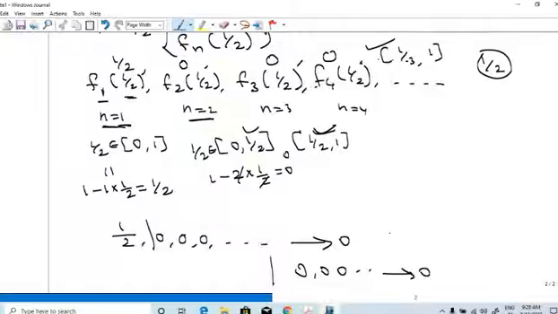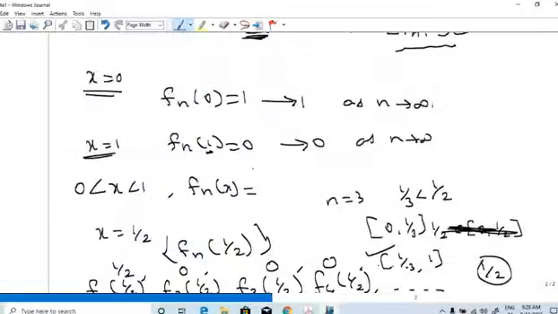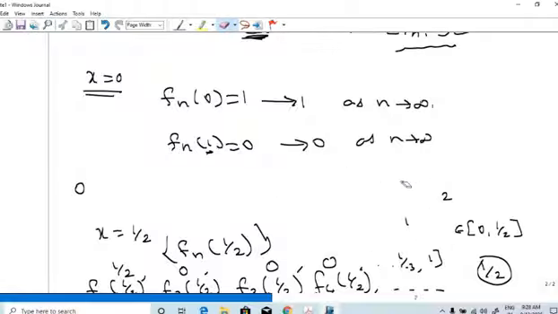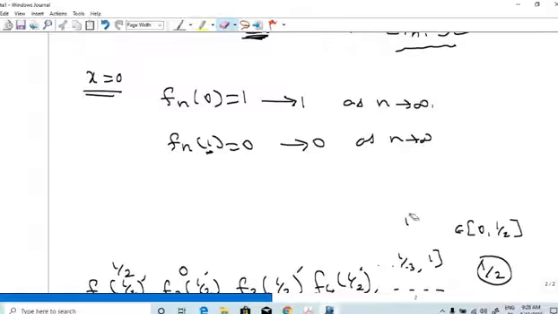Therefore, the pointwise limit is: for all other values of x, fn of x converges to 0 as n goes to infinity. So we write it in a simple form. For all other values of x, the sequence is nothing but an eventually 0 sequence.